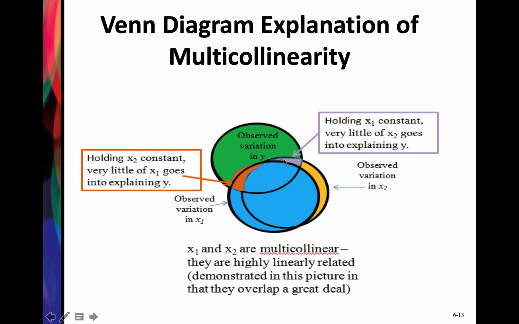And here, same idea: once I remove the variation in x1 from x2, there's not that much left of x2 to explain the variation in y. So in this case, these could be individually insignificant, but jointly significant, because together they help explain y, but individually they don't.